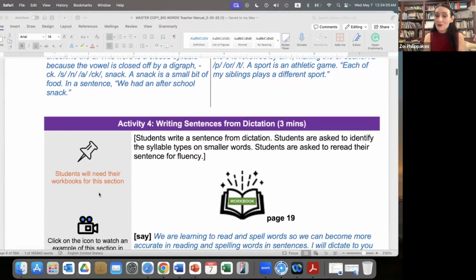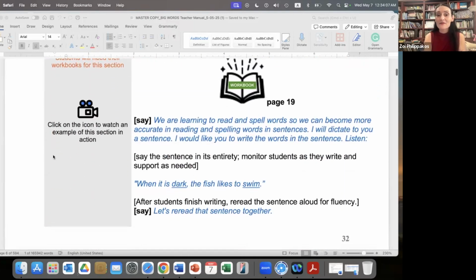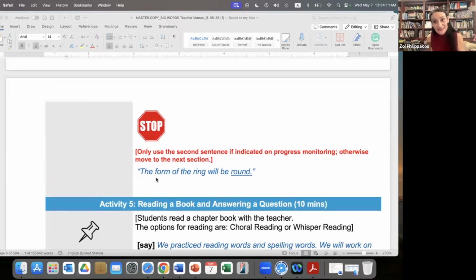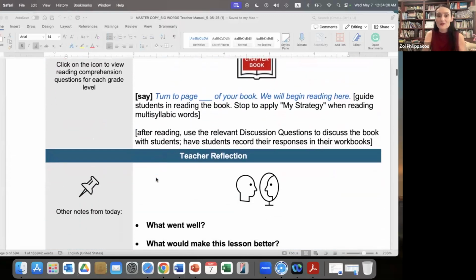And when we work on dictation, you see that we have 2 sentences. Well, again, the second sentence is to be used only if you're teaching the second set of everything, because the students have not performed as expected in the progress monitor. So this is the structure that you will see across all the lessons in this manual.